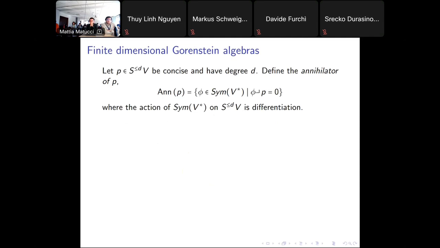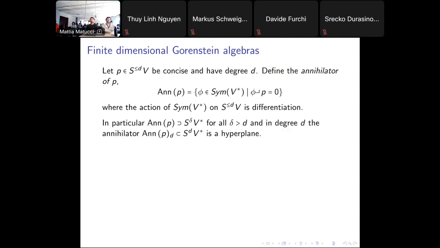Like we discussed, the action of the dual polynomial ring is just by differentiation. So in particular, if I take too many derivatives, I always get 0, so I'm always in the annihilator. And in the critical degree, the annihilator is a hyperplane. Now, we define the apolar algebra of our polynomial to be all polynomials quotiented by the annihilator.